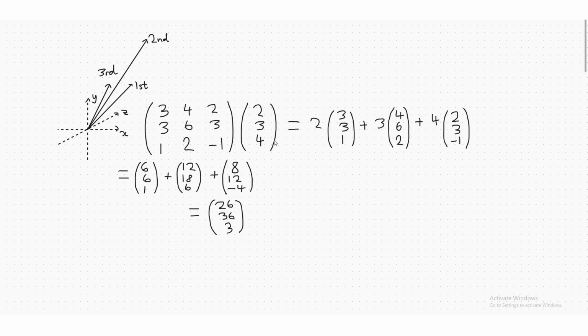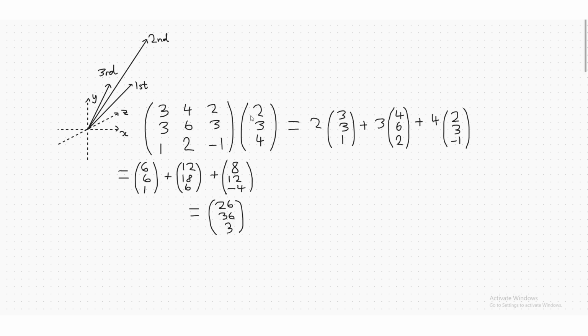When our vector says we travel 2 units of length across the first basis vector, whereas before that would mean 2 units of length across x, now our first basis vector is 3, 3, 1. So after we've changed them using this matrix, this 2 means we travel 2 units of length along this new first basis vector. As you can see, that causes this vector to be completely different.